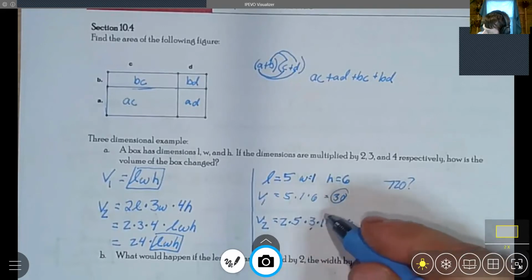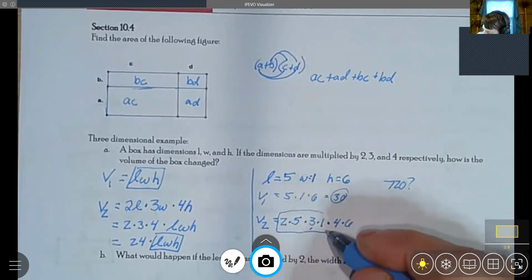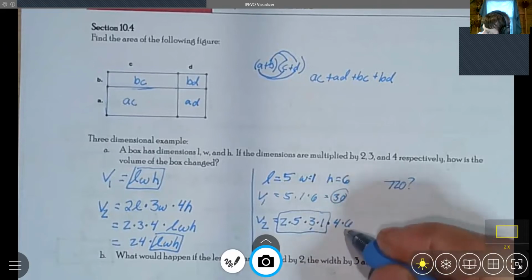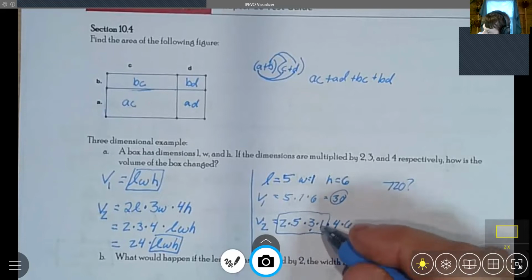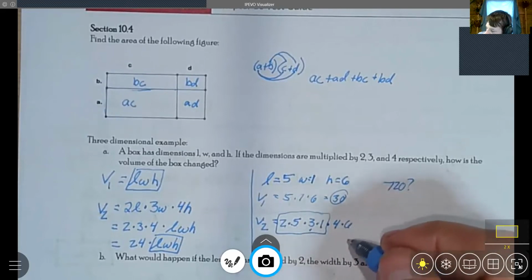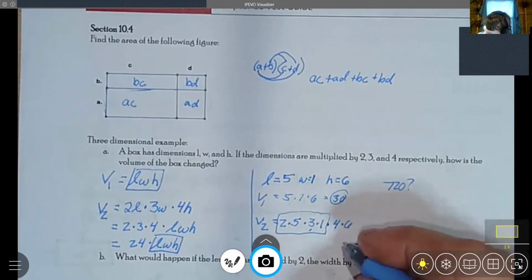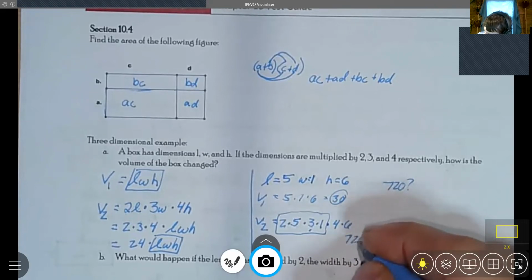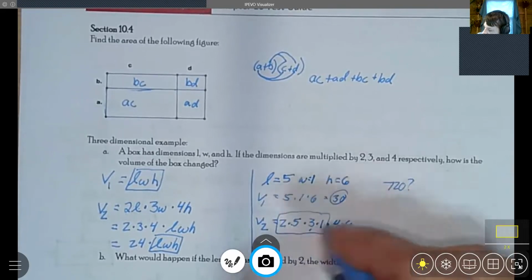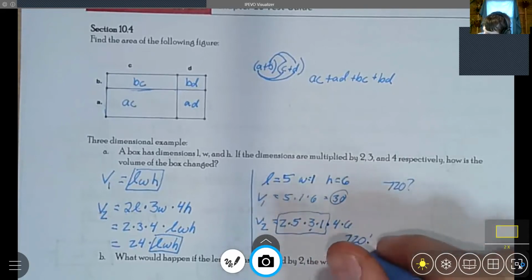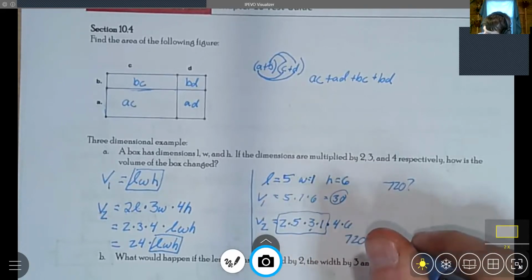So you already have this part here is 30. That's my original volume. Then here's your 24. But anyway, 30 times 4 is 120. 120 times 6 is 720. So it's 24 times my original volume.